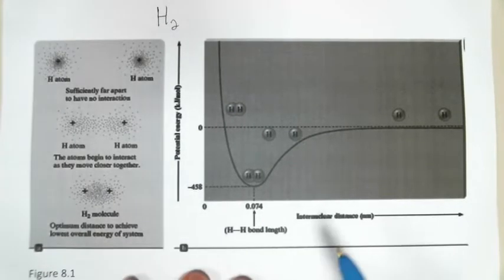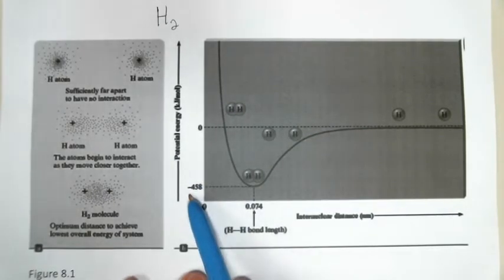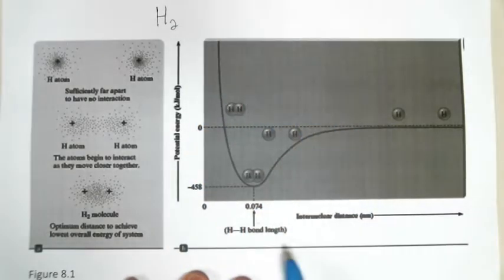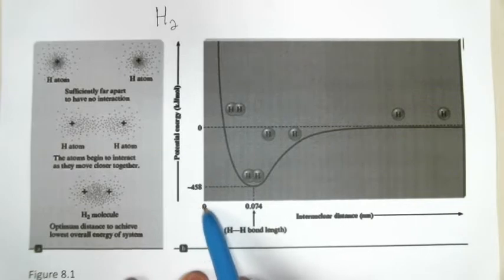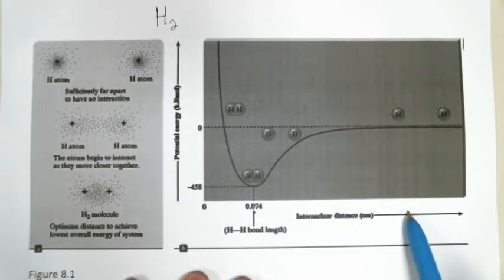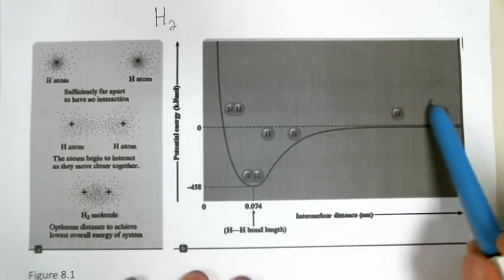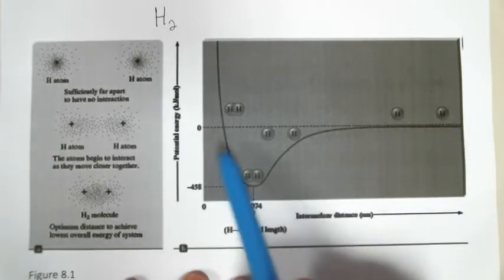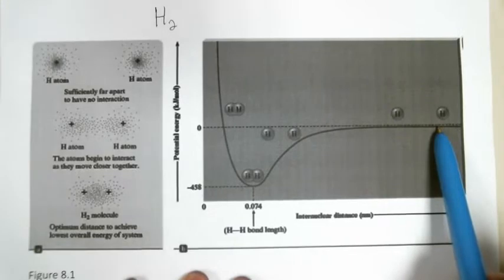And so these are just the right distance so that it's perfect for that particular molecule. And the way to look at that then is this potential energy diagram. So this is energy going up, and this is the distance between the hydrogen atoms. So when they're way out here, two hydrogen atoms by themselves not interacting, that's zero energy, okay?